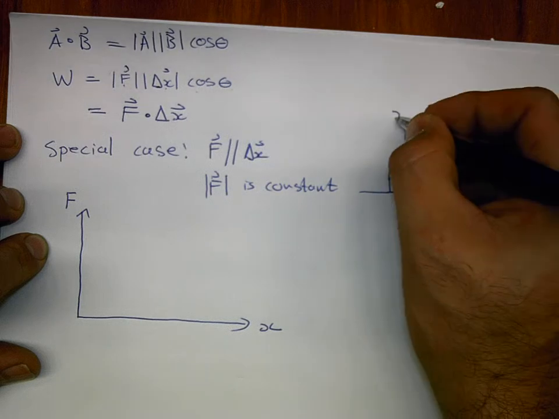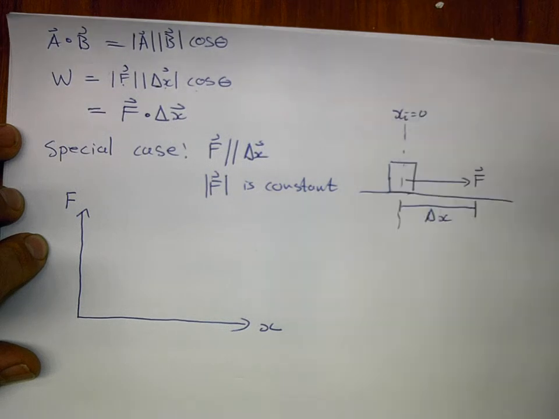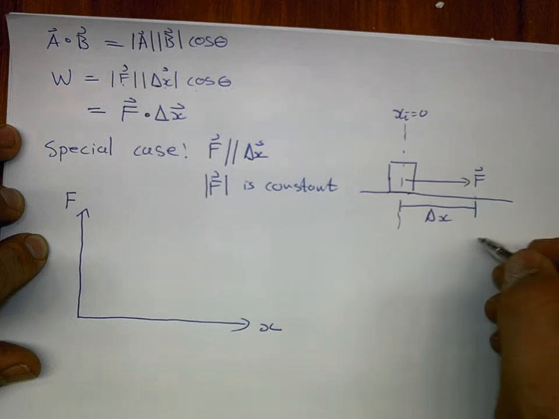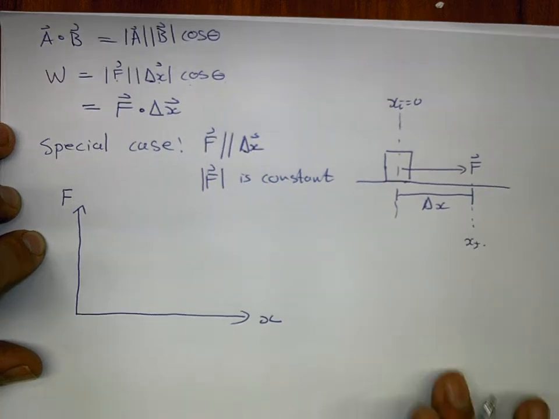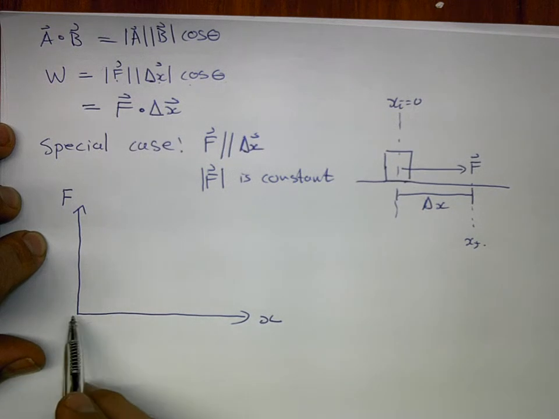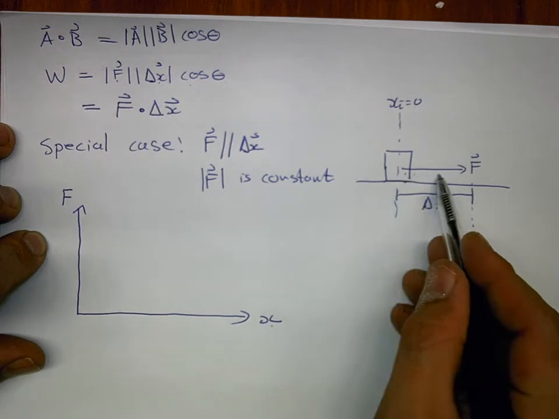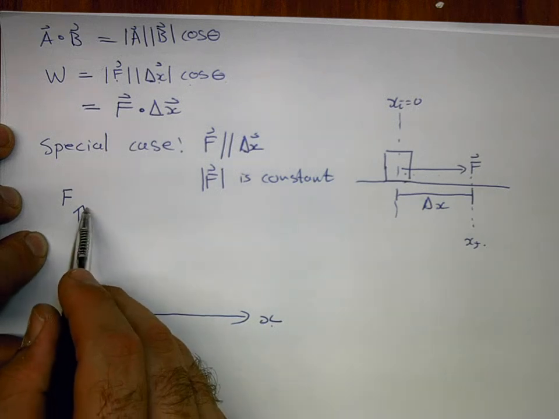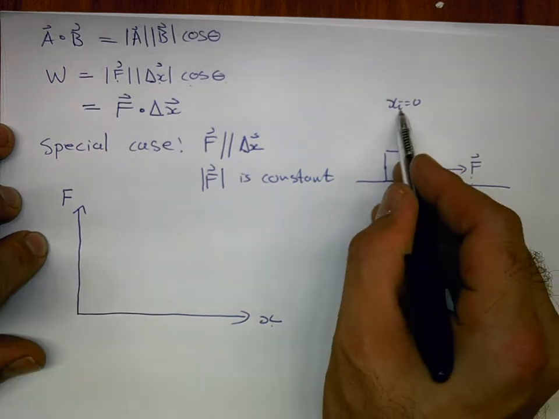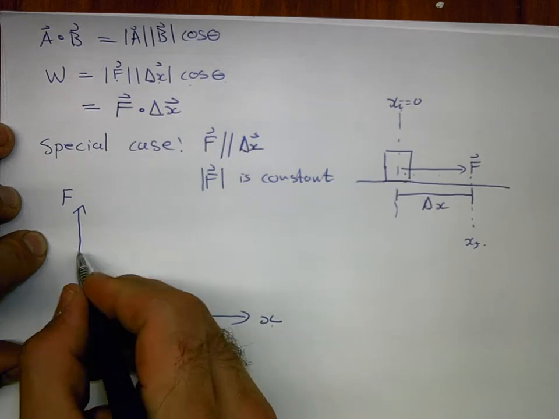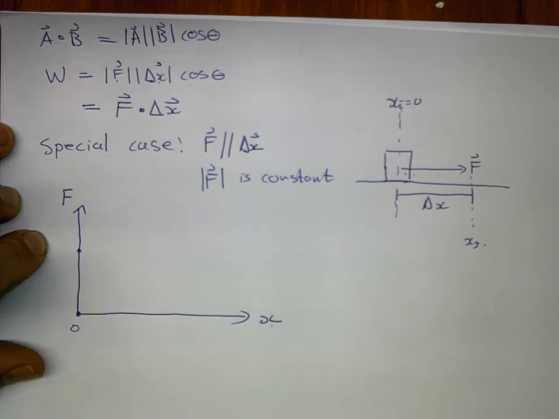Let's say this box started at x initial equals 0, and it then is displaced to a certain point, x final. So if I want to plot the position, on one axis I've got the position of this box, on the other axis I've got the magnitude of the force. So when this box is at position x initial equals 0, the force has a certain magnitude.